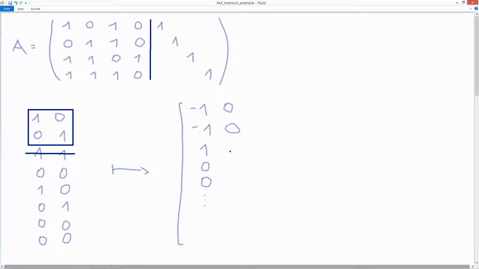And for the last entry, we have to ignore this here and calculate 1 times 1 minus 0 times 0, which is 1. And for all the other entries here, we will just add 0 as before.